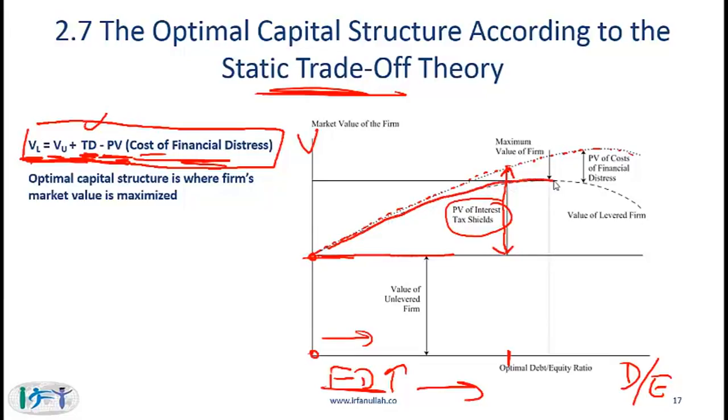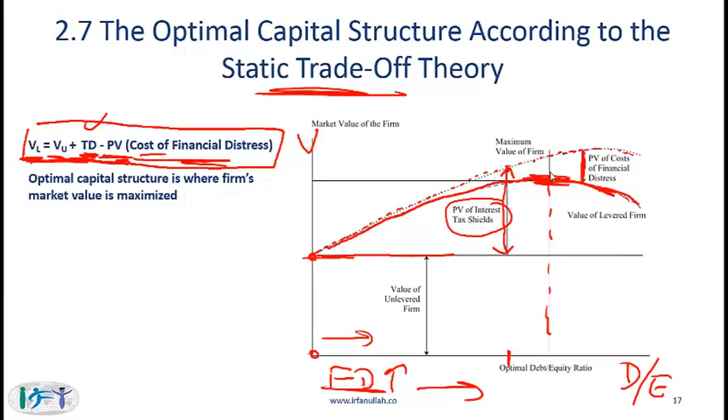This is the actual value of the levered firm, which does take into account the present value of costs of financial distress. So the distance between these two, the dotted curve above and this solid curve, is the present value of costs of financial distress.